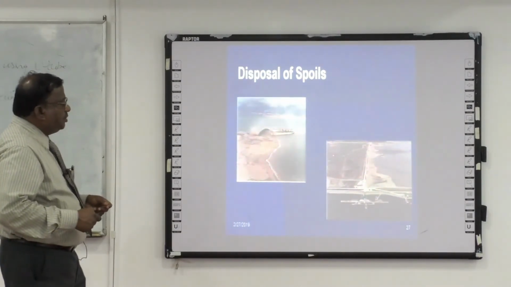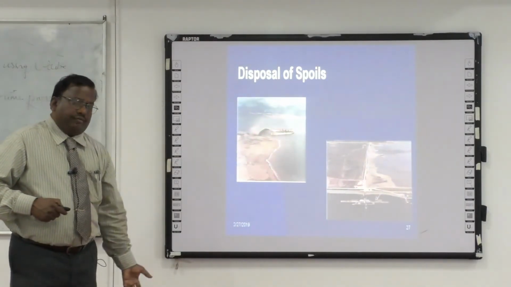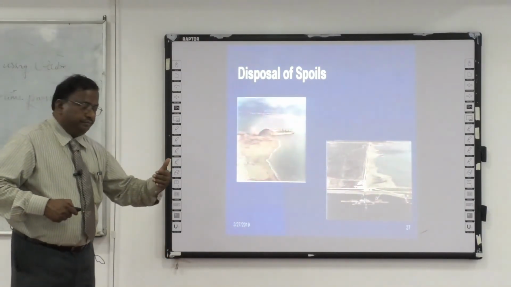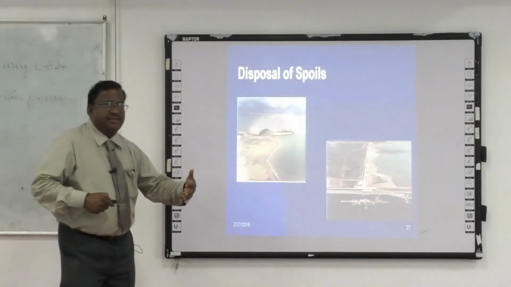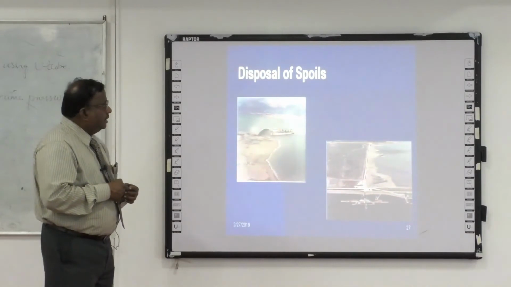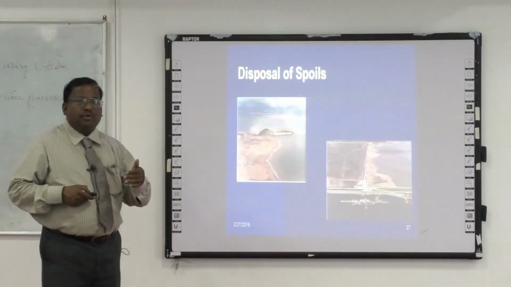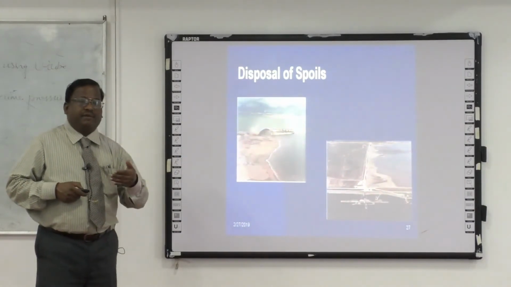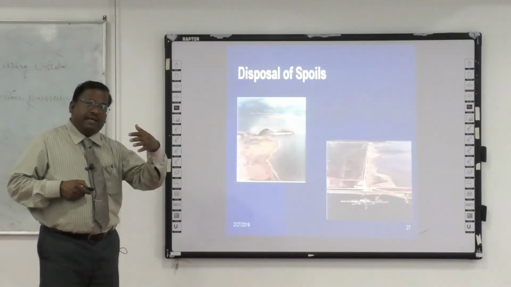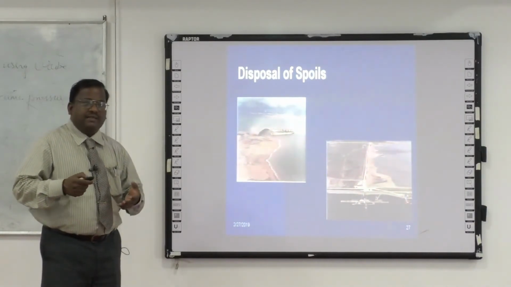If it is in the deep ocean, then it may be disposed at a remote place where a very deep trench occurs. In order to identify the disposal location, one has to go for an extensive bathymetric survey. The bathymetric survey will give a clear picture of the location of the humps and valleys below the seabed.